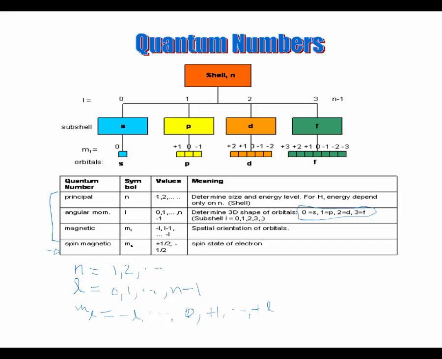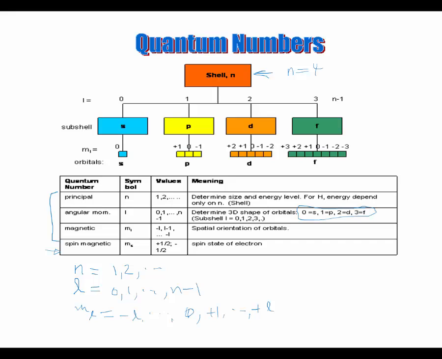So let's look up here at this diagram that might help unpack that a little bit. So first off, shell is given by the n quantum number. And that tells us what our shell is. Again, shell can be any number 1, 2, 3, and so on. So once we fix the shell number, we've fixed the values that L can be. So let's imagine in this case that n is equal to 4.